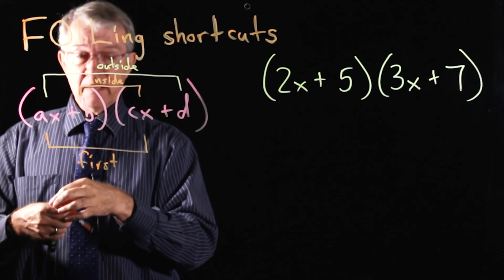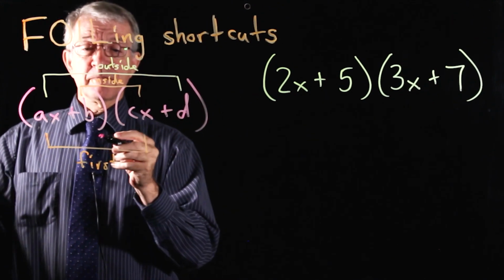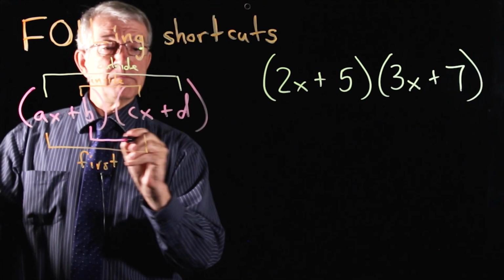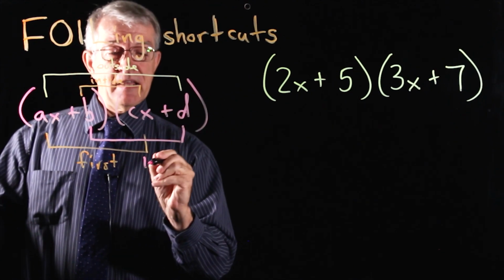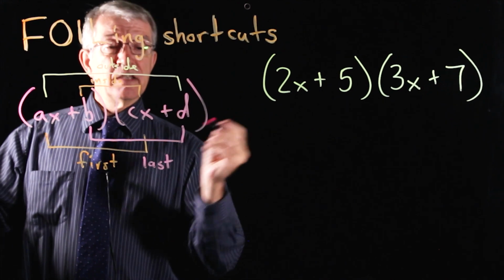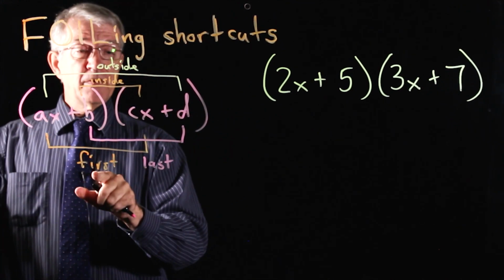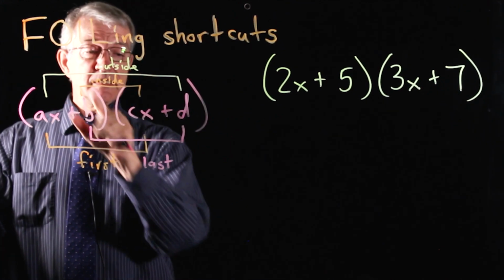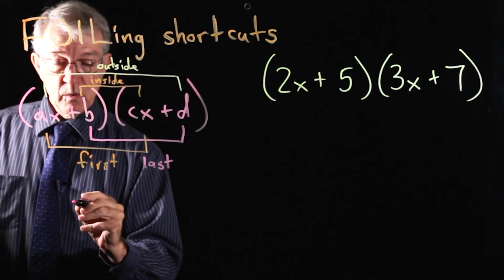And then finally, the last combination for the distributive property is this B times this D, and that's the last. And so if we take these letters, first, outside, inside, last, the initials, we get FOIL.